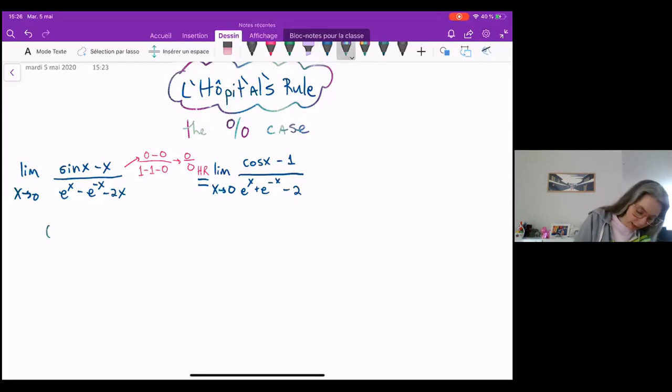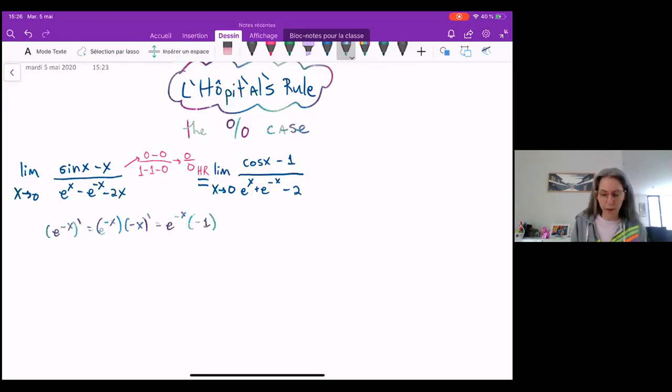Just to make sure we get that, the derivative of e to the negative x is e to the negative x. My chain rule tells me I need to then multiply by the derivative of negative x. So this becomes e to the negative x times negative 1. So that negative cancels out with the negative right here and becomes plus e to the negative x.